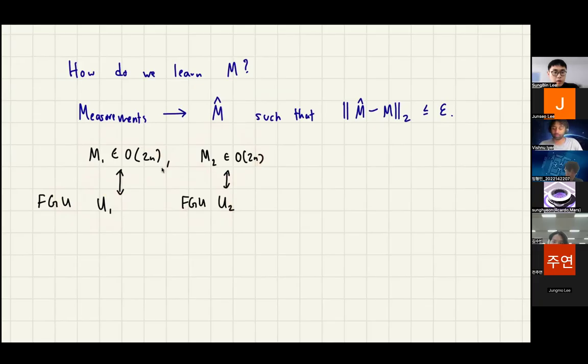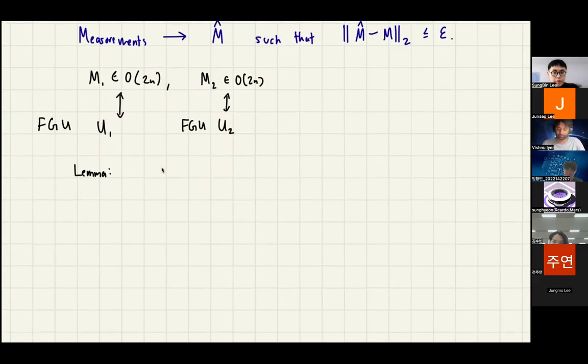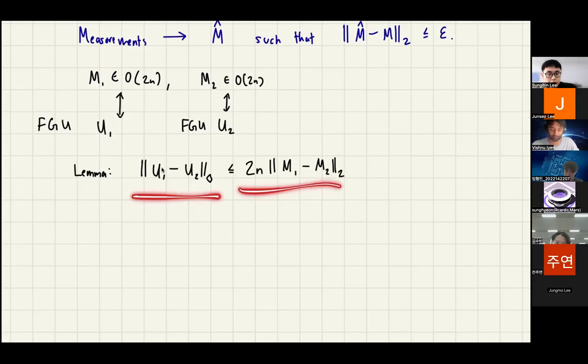And what this lemma states is that the diamond distance between U1 and U2 is less than or equal to 2n times the spectral distance between the corresponding matrices.